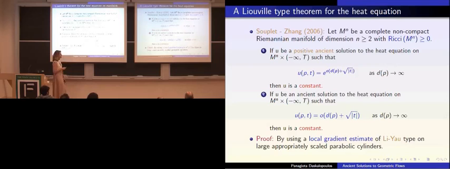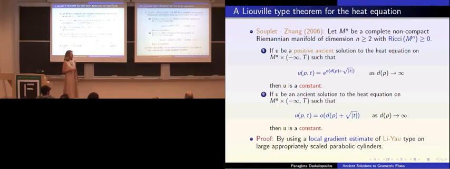If you assume that the solution is non-negative and has growth at infinity little o of the distance from a fixed point with respect to the metric plus square root of t, then it must be a constant.